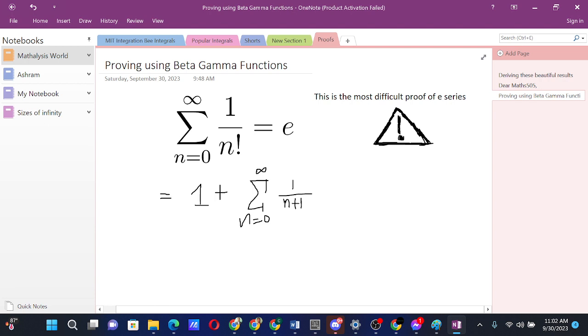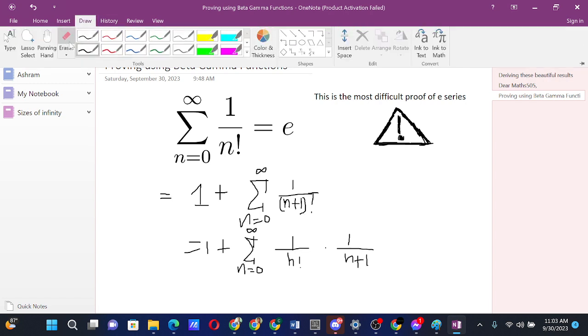You can already see the reason for it, since I'm starting from 1 factorial, the 0 factorial is over here. After this, I'll make a good manipulation as 1 plus the summation from n equals 0 to infinity of 1 by n factorial times 1 by n plus 1.